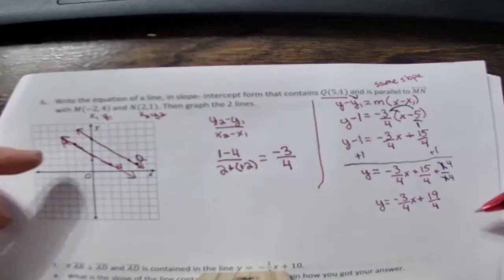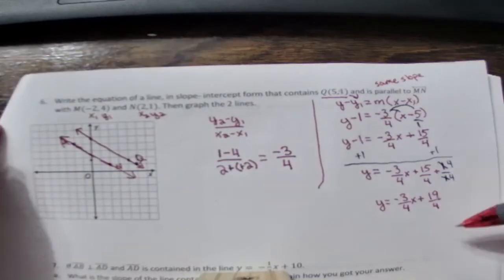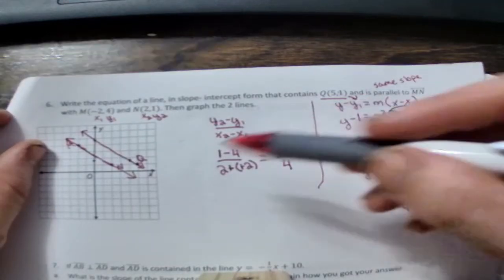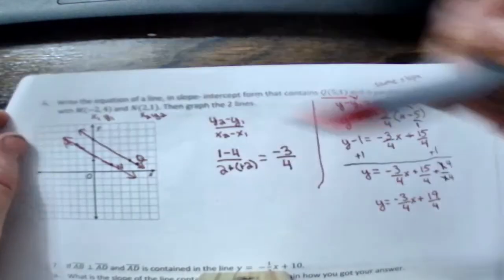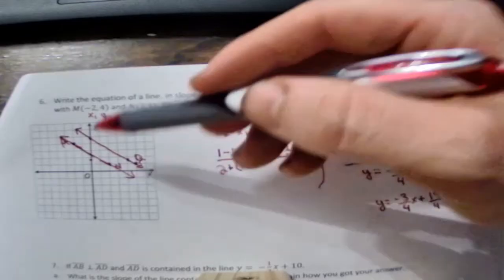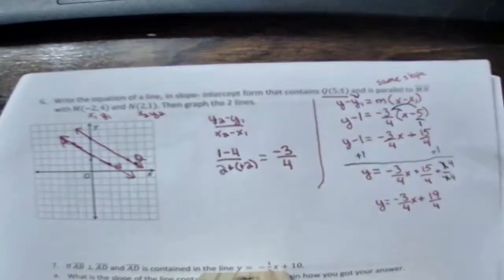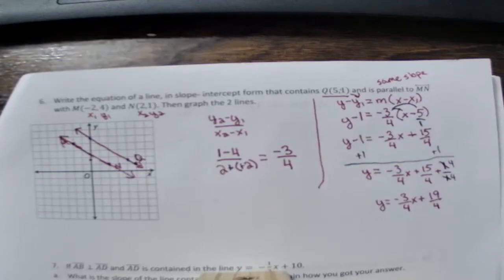It came out to 4.75. And then Q was at 5, 1, so I plotted that and then just connected the lines. And if you notice, when I go down, it does go down 3, to the right 4, just like our slope was supposed to be. So that is how you would plot those points as well.